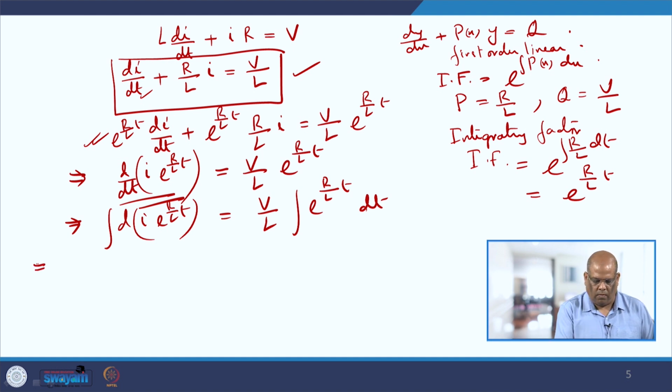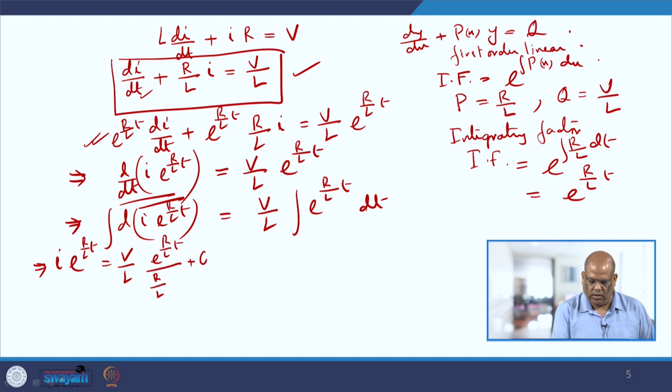So this will give me I e to the power R by L t is equal to V by L e to the power R by L t divided by R by L plus some constant.